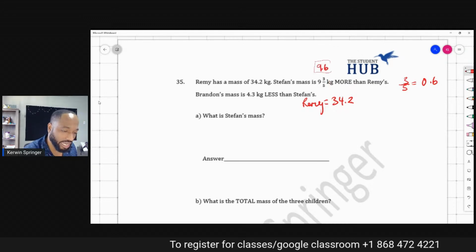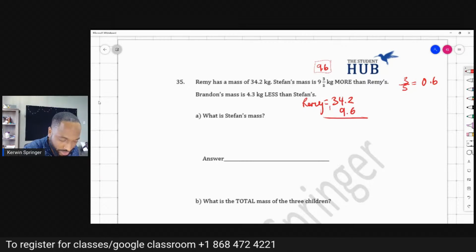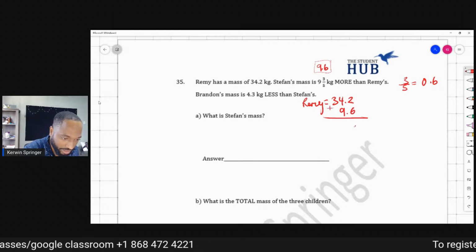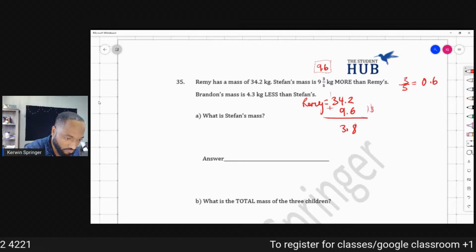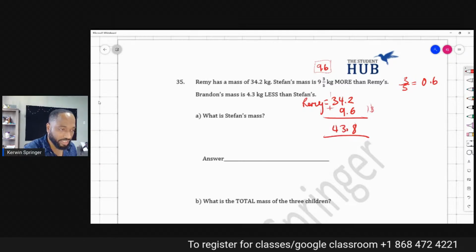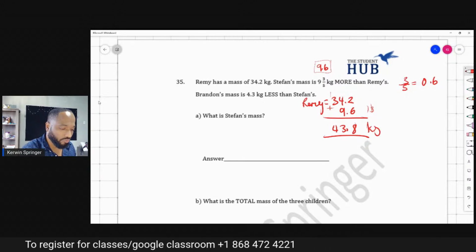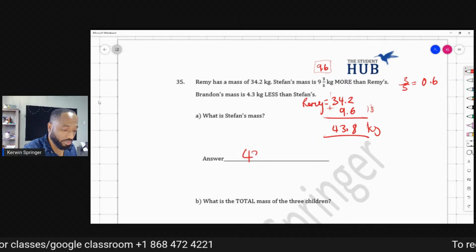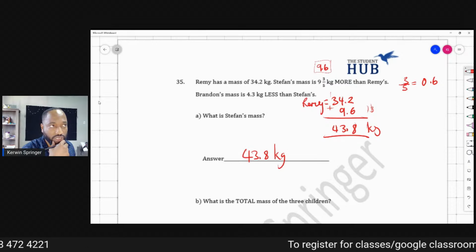I want this to look like this so I can make my addition sweet. 9.6, 8, 9, 13. Across the 1, 43.8 kg. Stefan is 43.8 kg. Well done.